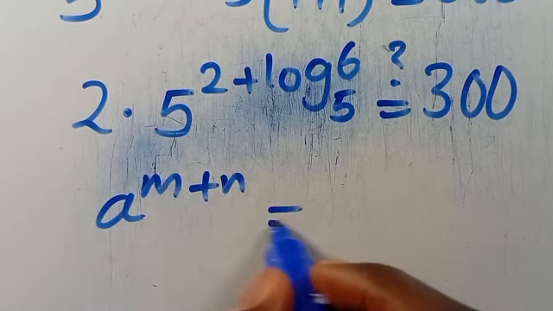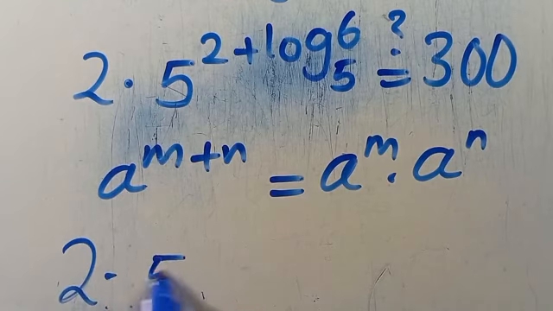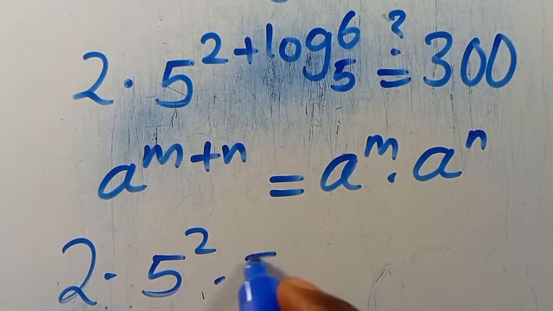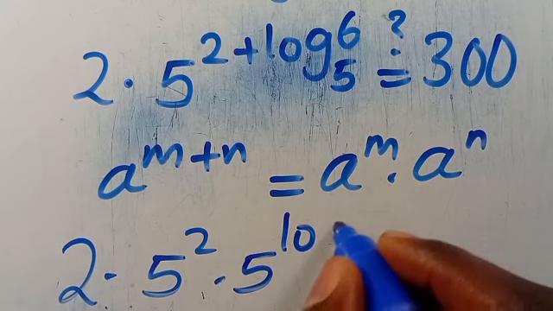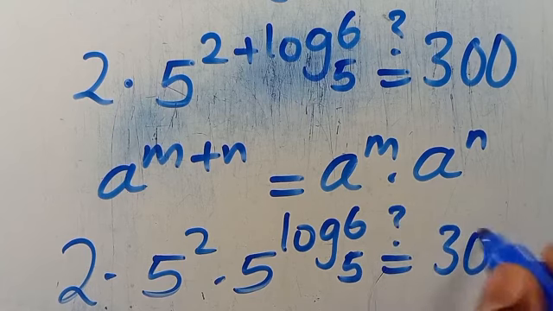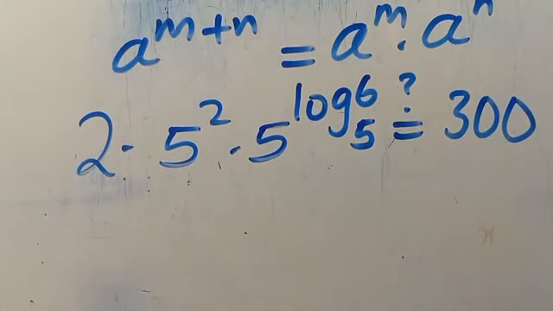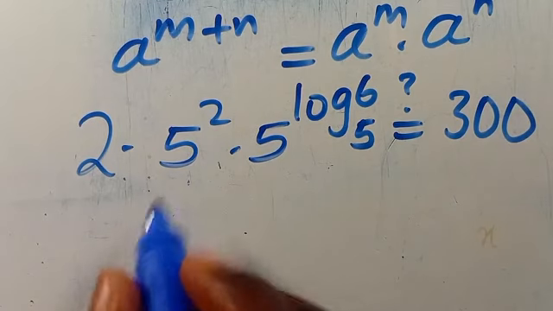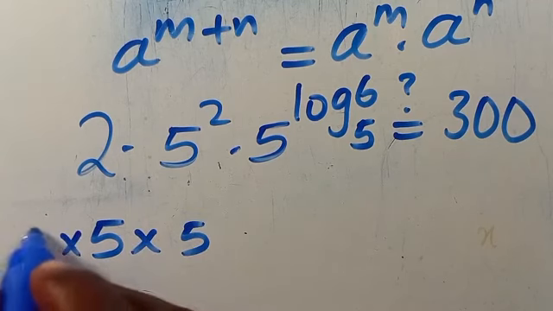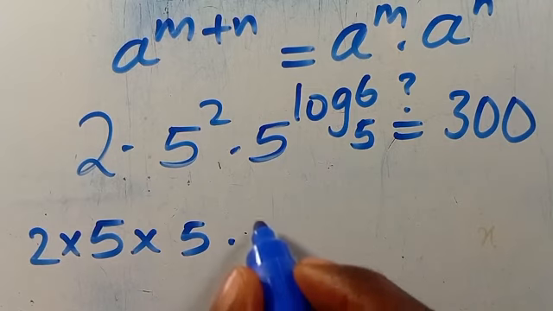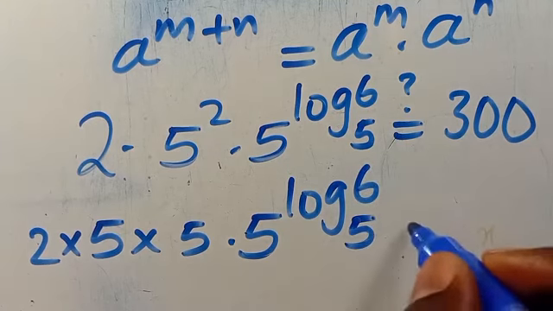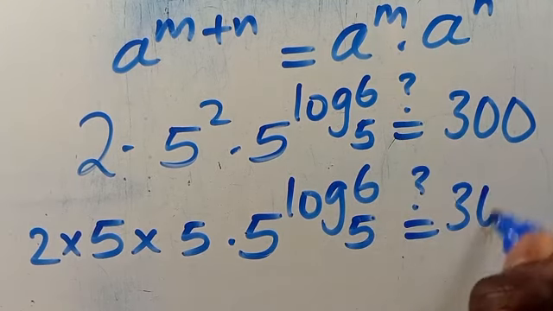So when you apply it here, definitely 2 will be outside, 5 to the power of 2, then multiplied by 5 to the power of log 6 in base 5. Then it's going to give us 300. So from here, 5 to the power of 2 simply means 5 times 5, then multiplied by 2, multiplied by 5 to the power of log 6 in base 5, and it's going to give me 300.